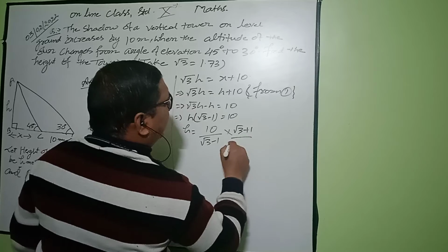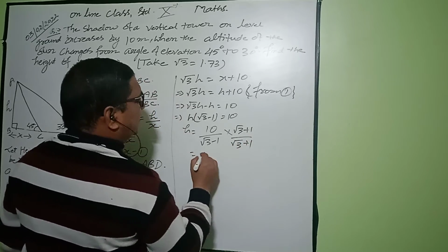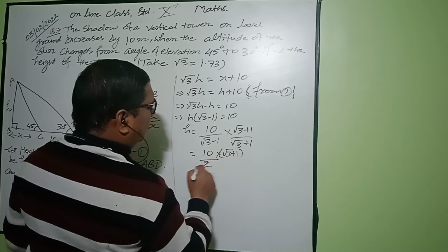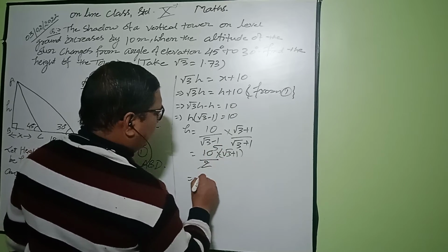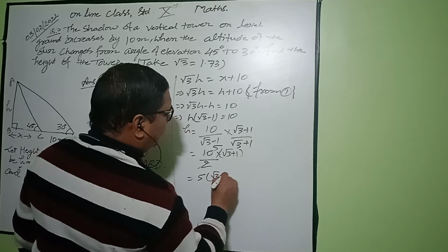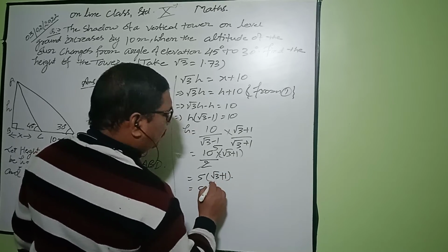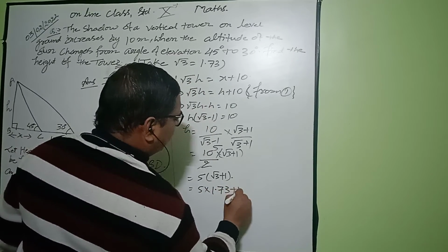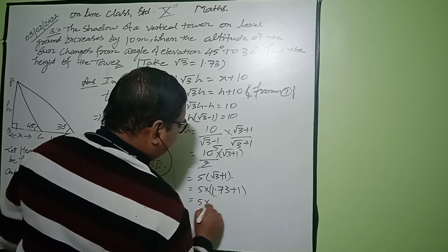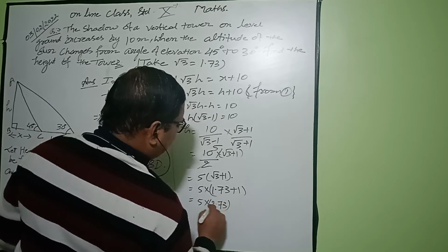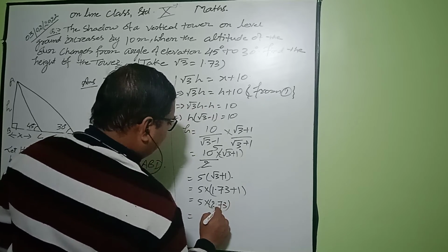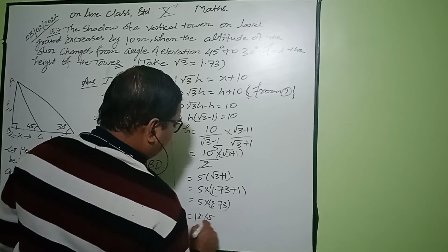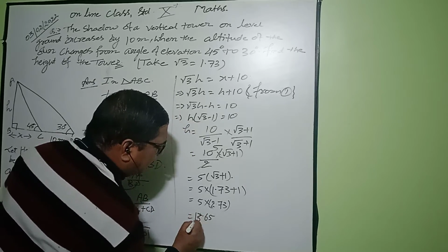Multiply by root 3 plus 1: 10 by a square minus b square, 2, into root 3 plus 1. 5 into root 3 plus 1. 5 into 1.73 plus 1, 5 into 2.73. That is 13.65 meter.